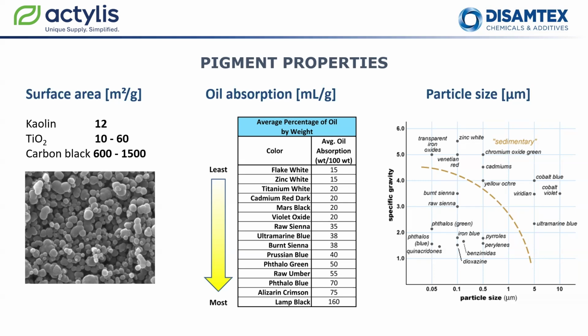Higher oil absorption means more binder and stronger dispersants are required to properly wet and stabilize the pigment. And the particle size chart on the right side also explains why some pigments behave as sedimentary while others remain well suspended. So in practice, these properties define viscosity, stability, color strength, and overall formulation difficulty.